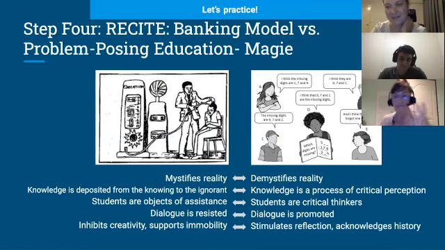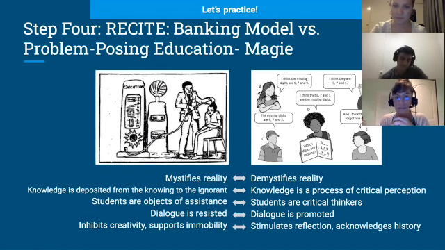It's something to be found. Second, knowledge is deposited from the knowing to the ignorant in the banking model, versus knowledge being a process of critical perception. Third, students are the objects of assistance versus students as critical thinkers. So you can already start to see how these are opposite models.